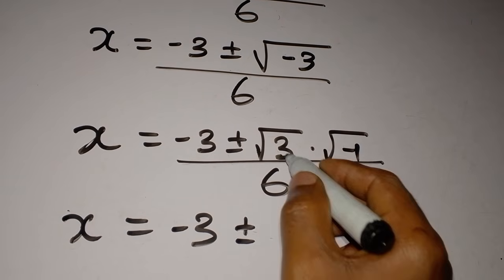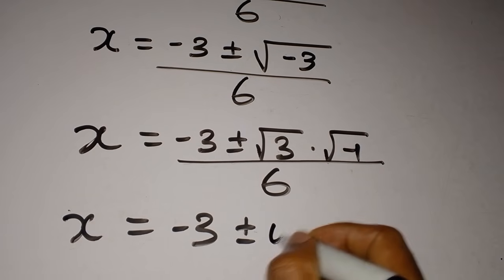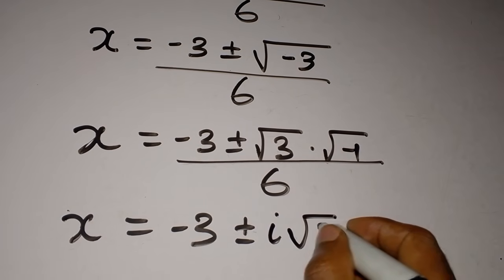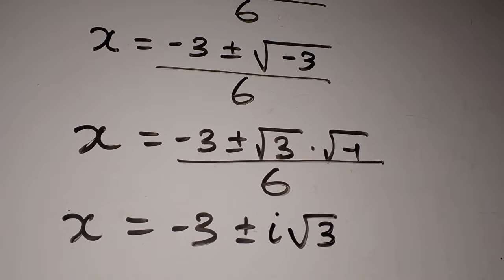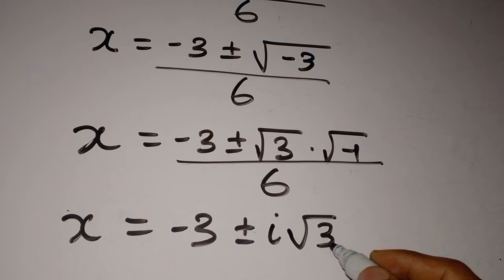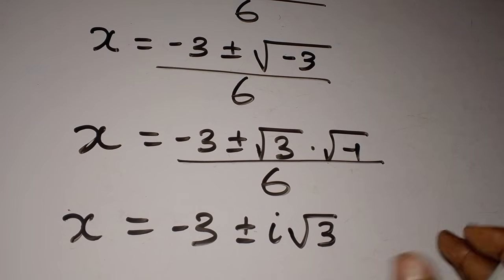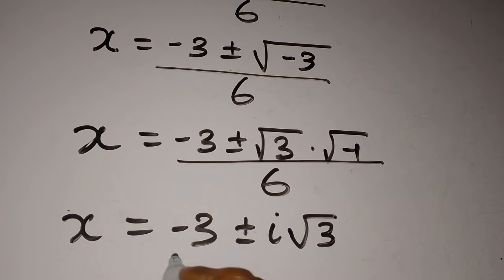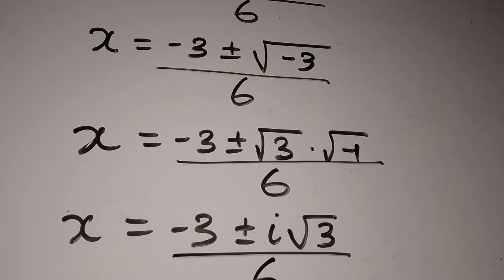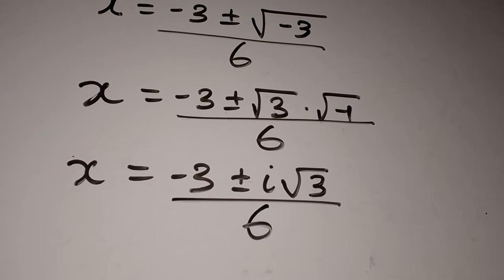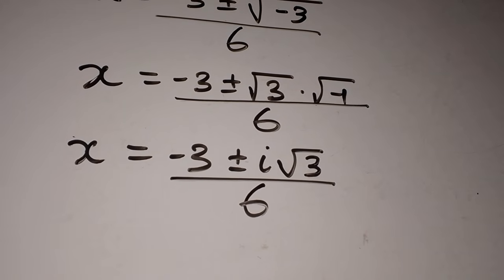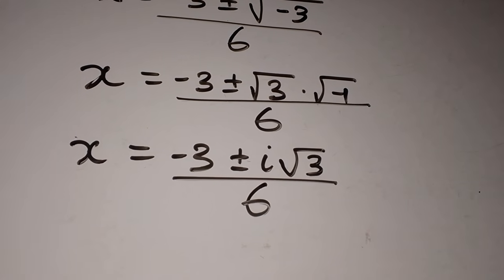So if it multiplies root 3, we'll get i root 3, or you can get root 3 i. But make sure that the i does not appear to be under the square root. That's the more reason you should write i before the square root. This is over 6. And this is a 2-in-1 kind of solution.